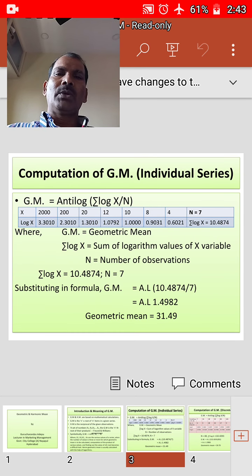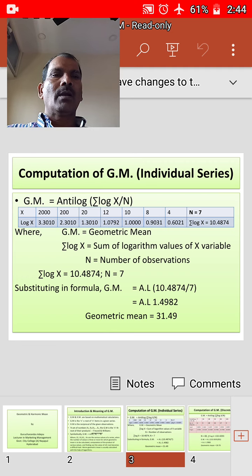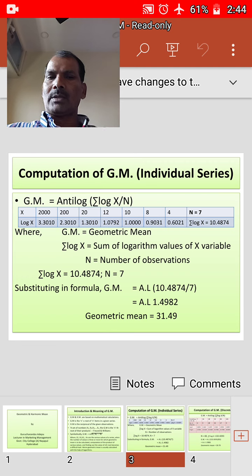Next, computation of geometric mean for individual series. Geometric mean is computed for individual series, discrete series and continuous series. First we will discuss individual series.